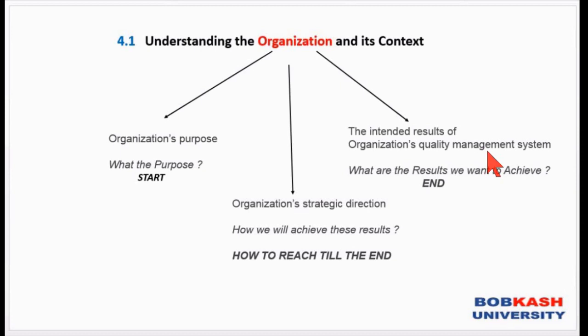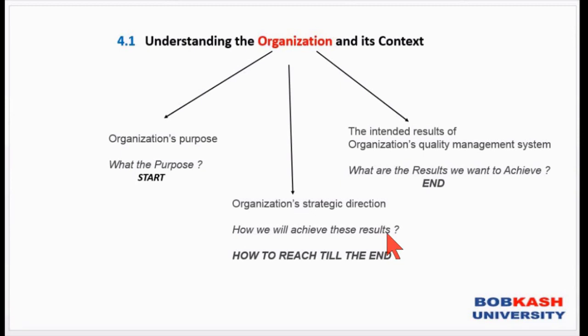So what are the results that we want to achieve? And what is in between? The in between is the organization's strategic direction. That means how we will achieve these results. What do you mean by strategic direction? It means what method are you going to deploy to achieve these results? So how to reach till the end?